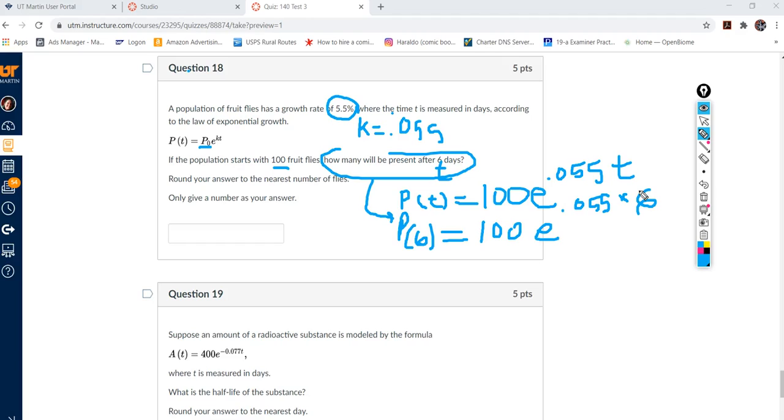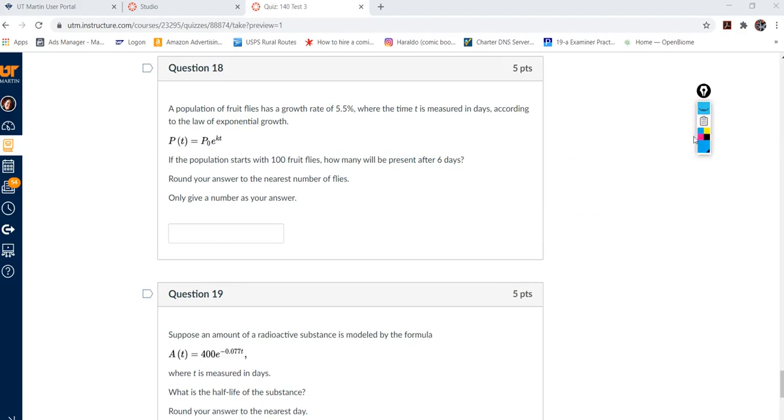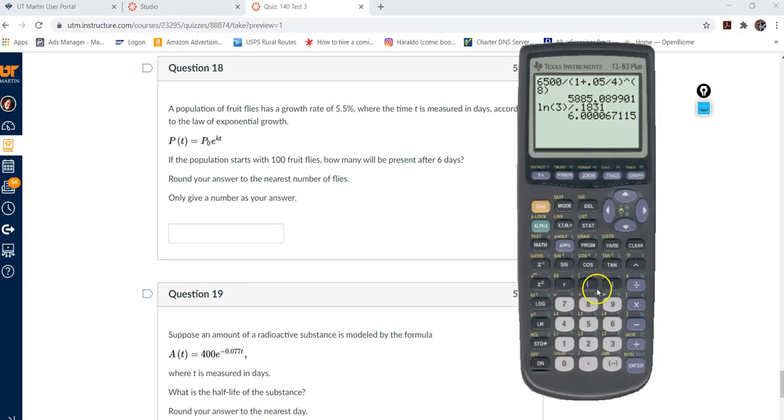And it wants you to round your answer to the nearest number of flies. Okay, so again, let me get this out, and I'll have 100 times e to the power of 0.055 times 6.